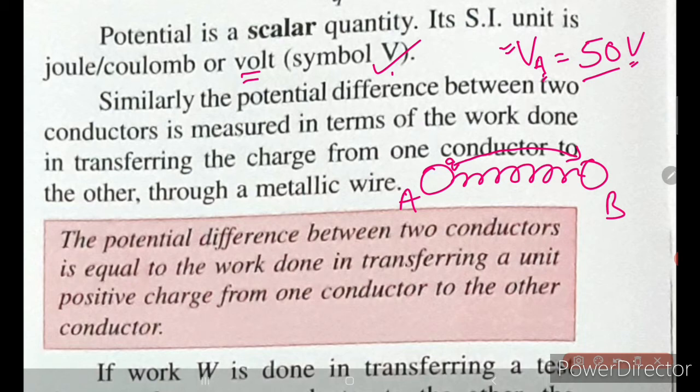So the potential difference between these two points is equal to the work done in moving this charge Q from one conductor to the other conductor, right. So I hope you are understanding this, and this is known as potential difference.